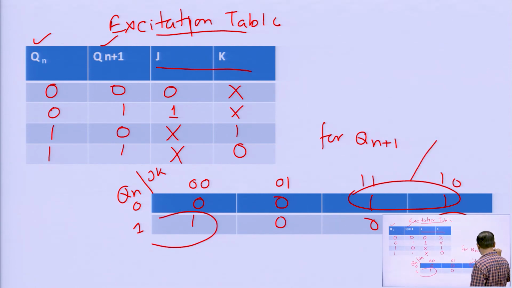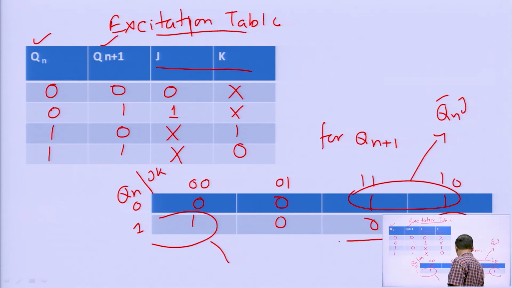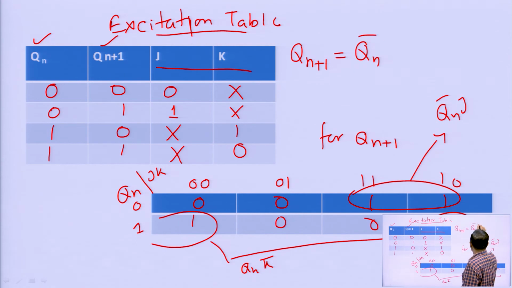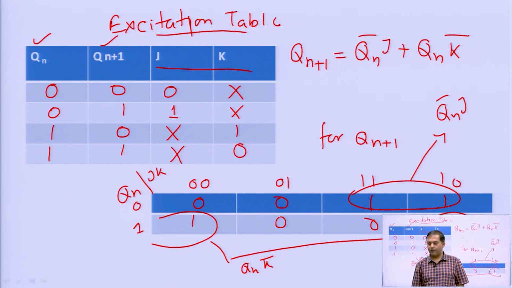From this grouping we will have Q n bar J, and for this grouping we will have Q n K bar. So, the final design equation of JK flip flop will be Q n+1 = Q n bar J + Q n K bar. This is the final design equation for JK flip flop. Clear to all of you?